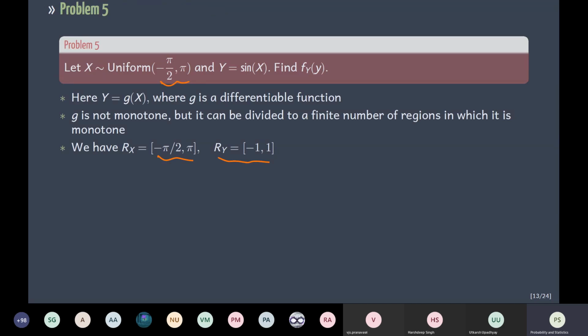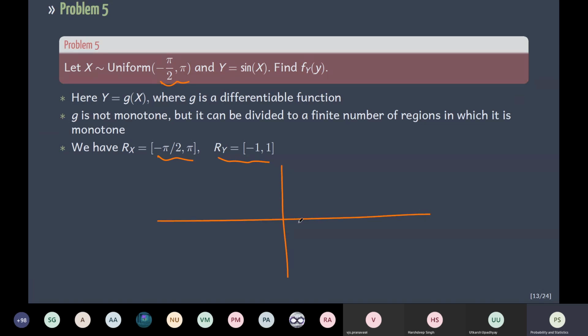So what are the observations we have in this case? We need to plot and see how we can divide this into a finite number of regions. So for sine x, we are going to plot sine x, and from there we will see.